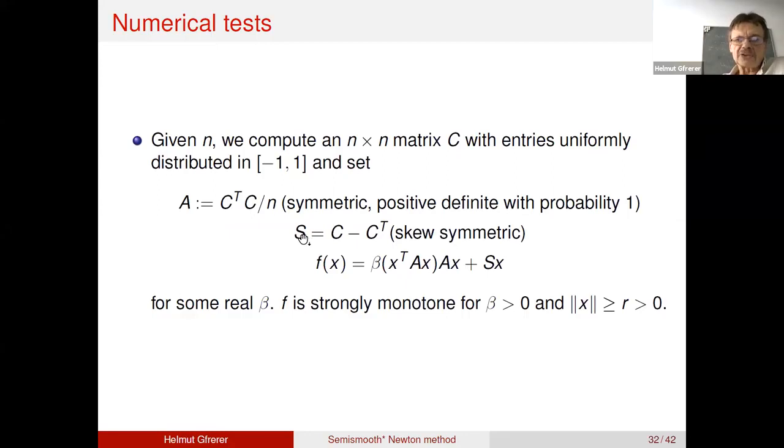And then we have also this skew symmetric matrix S equal to C minus C transposed, and then set f of x equal to beta times x transposed Ax times Ax plus Sx. So this defines some strong monotone part. And if we decrease this beta, we can decrease also this constant of strong monotonicity.